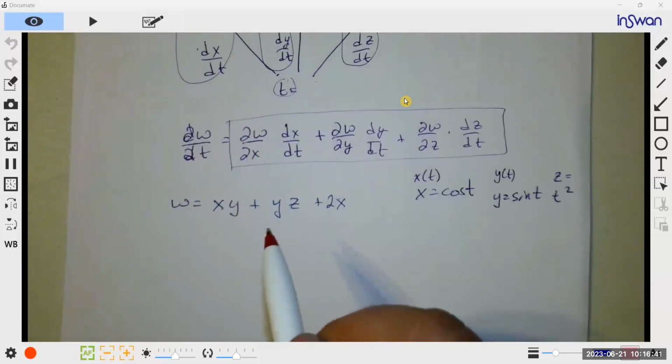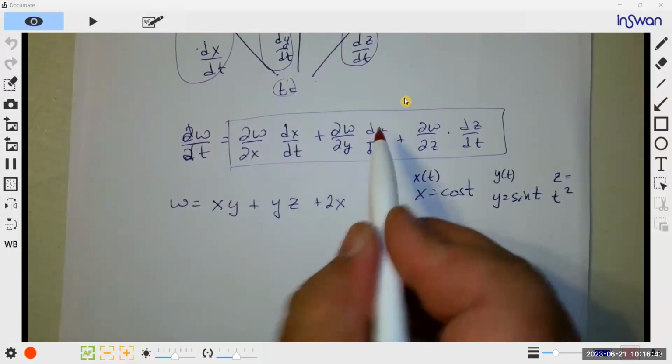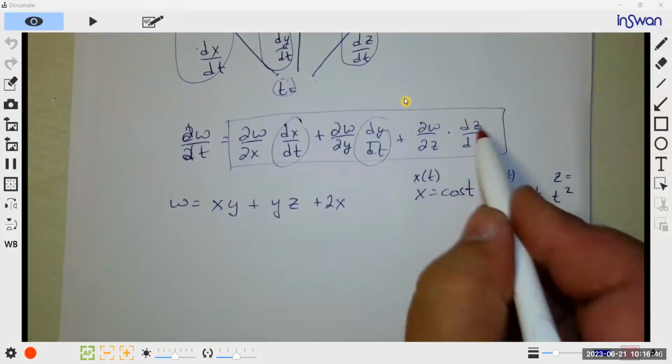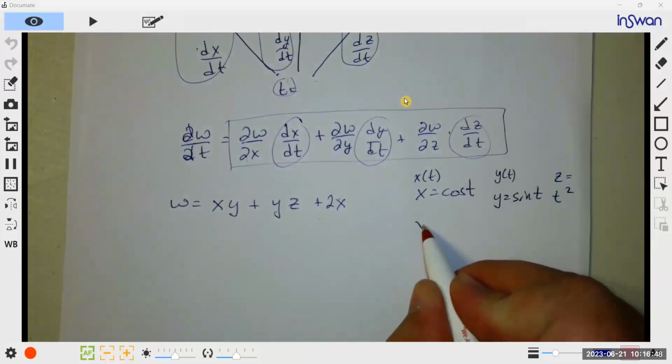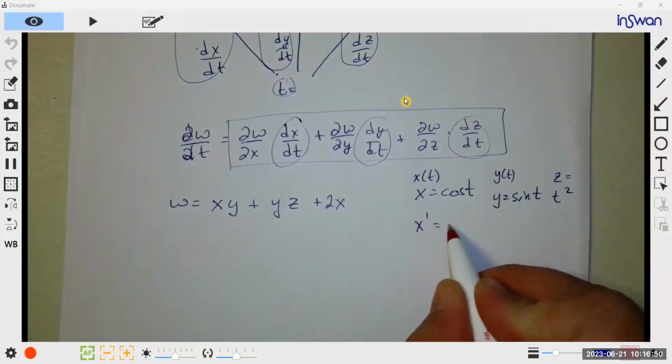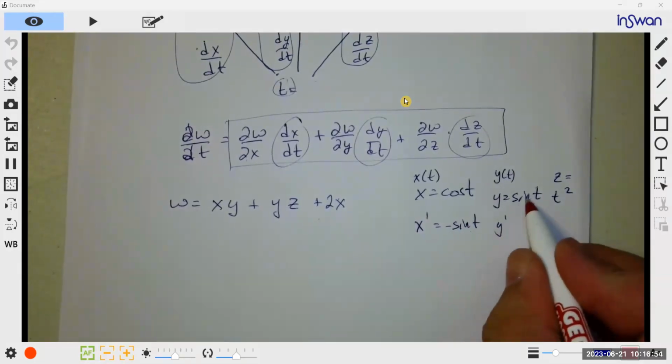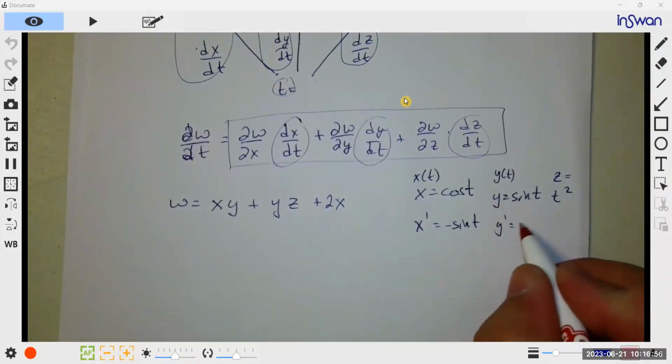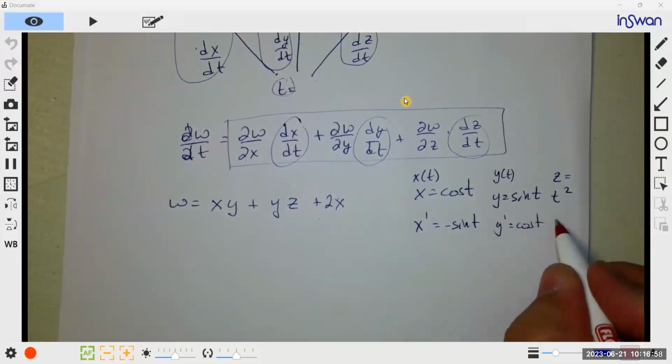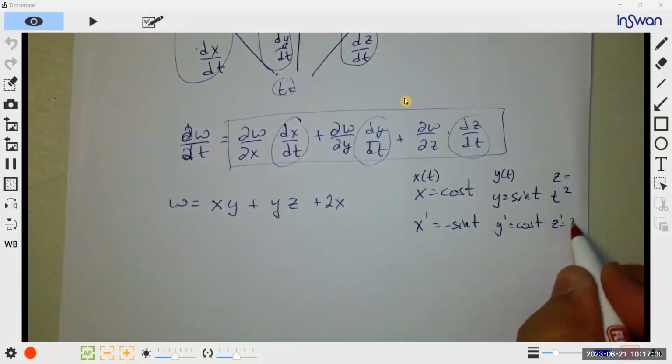So what we have to do first is find the derivative of x, y, and z. The derivative of x is negative sine. The derivative of y, derivative of sine is cosine. And the derivative of z is 2t.